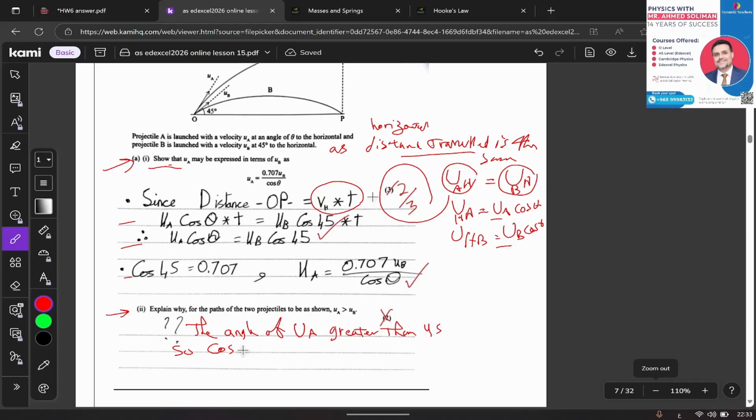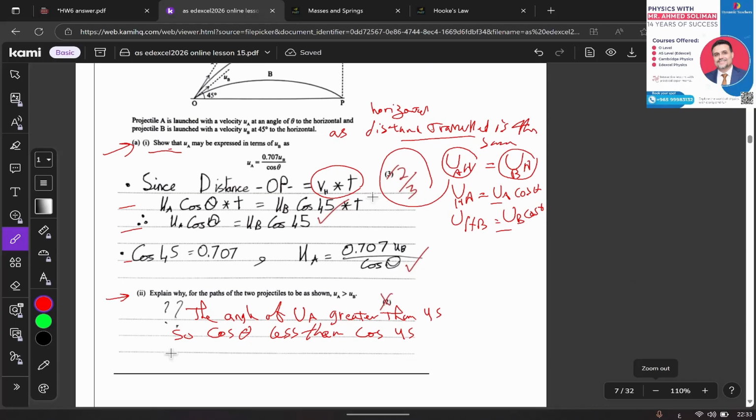So cosine theta will be less than cosine 45. Is this correct or incorrect? It's correct. Correct. Okay.